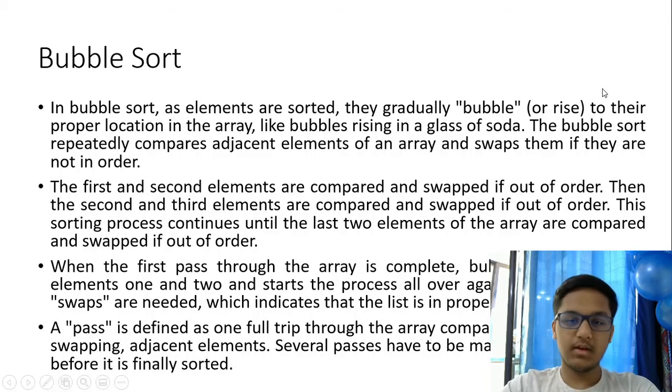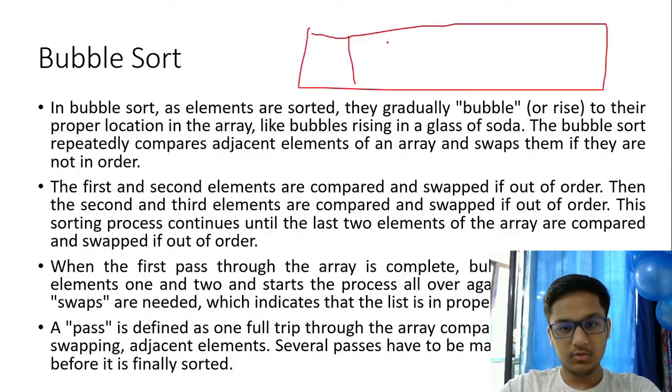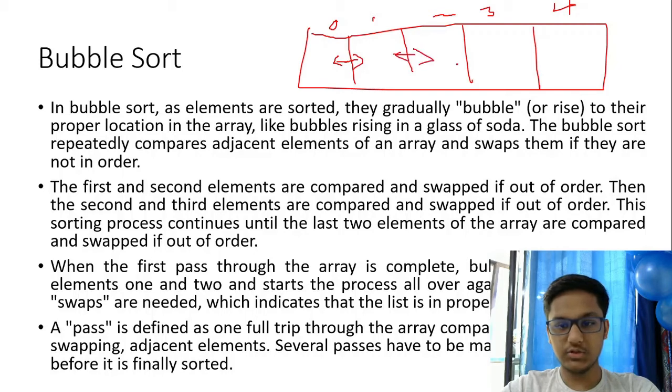So let's say we have an array. Let me take out this pen over here. We have an array with a few elements: one, two, three, four, 5 elements, at indices 0, 1, 2, 3, 4. What bubble sort does is compare two adjacent elements. So it'll compare these two, then these two, then these two, then these two. Let's say we are arranging the array in ascending order, small to big.